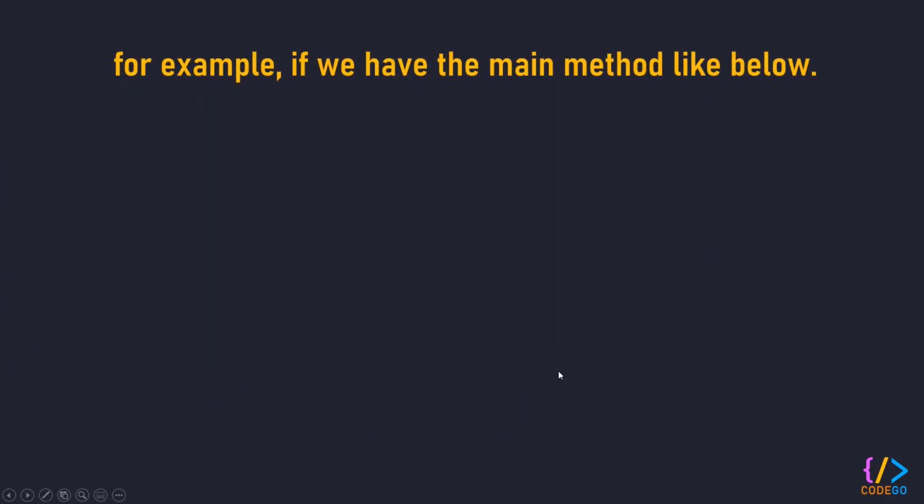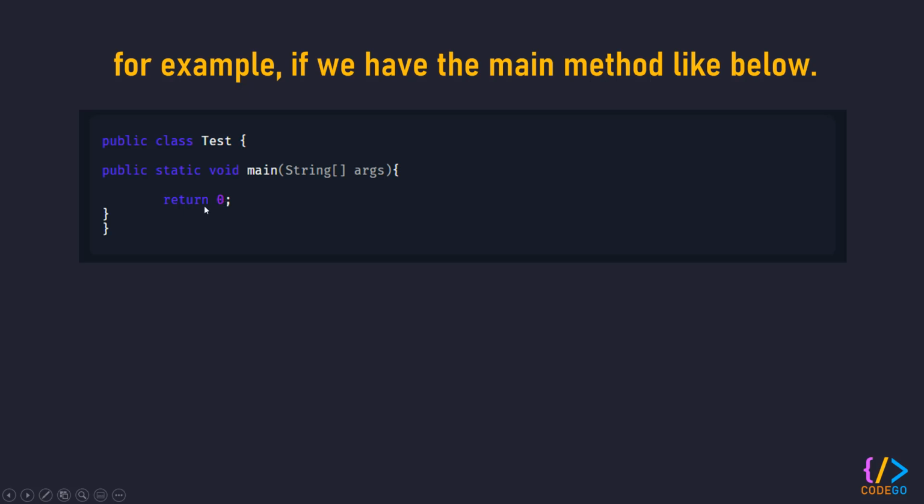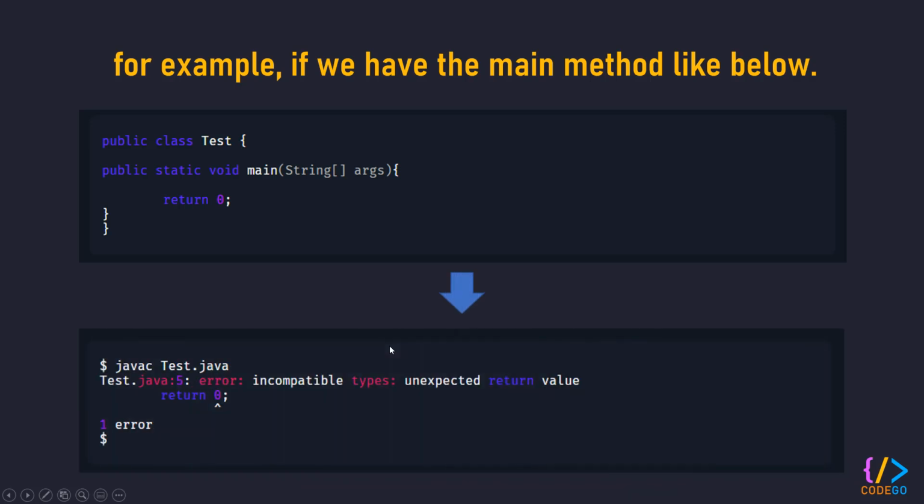So, for example, if we have a main method like below, if we're going to return 0 from our main method, it will display an error message: incompatible types, unexpected return value, return 0. Okay? So, dapat po yung return type ng main method natin is naka-void.